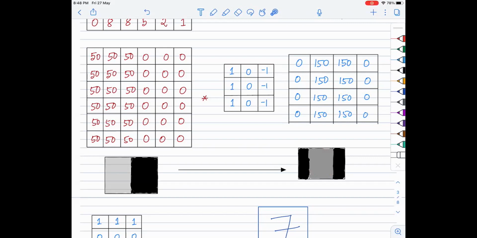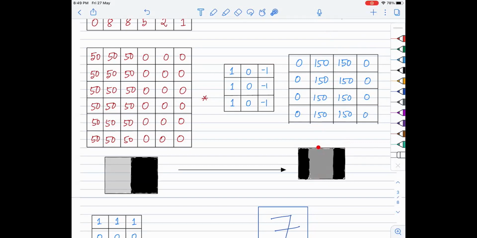Now, if you see carefully, what is it trying to find? This is a toyish example, so the image is not so big. But if you have a very big image, there would be a lot of zeros on the left side, a lot of zeros on the right side, and in between you'll have 2 pixels, a very thin white line.